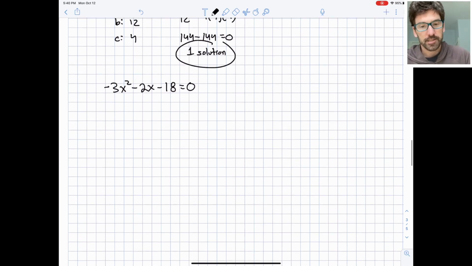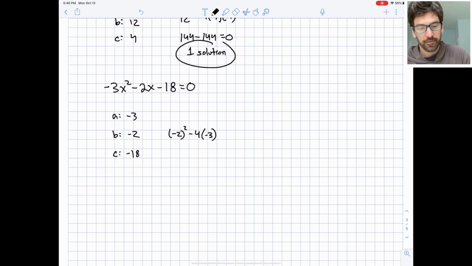And lastly, let's look at this one. You can probably predict what it's going to be here. If a is negative 3, b is negative 2, and c is negative 18, again, we're doing b squared minus 4ac. So negative 2 squared minus 4 times negative 3 times negative 18. When I'm dealing with all these negative signs and subtraction signs, one tip that I have for you is to just do 4ac by itself, just do b squared by itself, and then subtract the two.